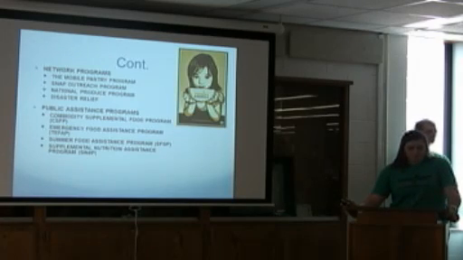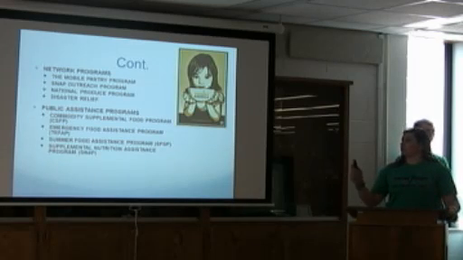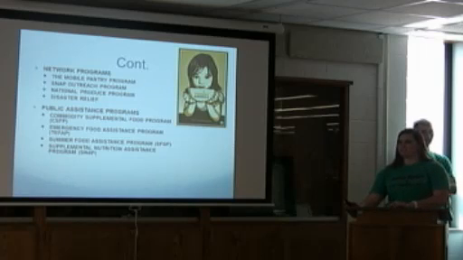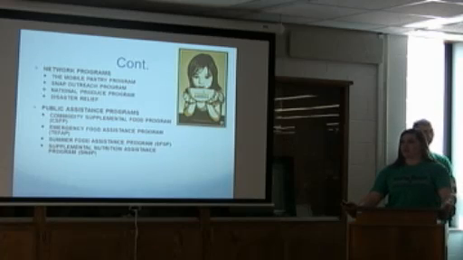This program was built just for the fact to have fresh produce in every food bank. So it's kind of teamed up now with the mobile pantry program. And then disaster relief. This actually supports 61,000 local agencies, and it's also through the Red Cross and Blue Shield and Salvation Army now.